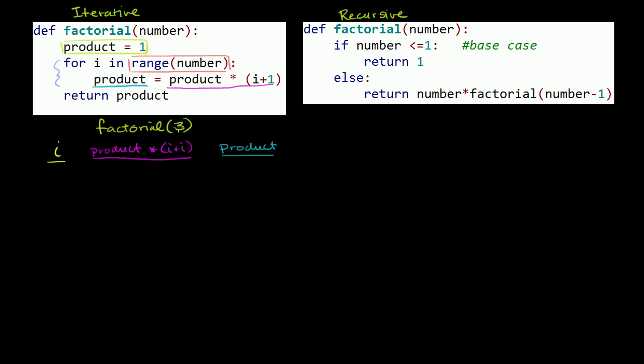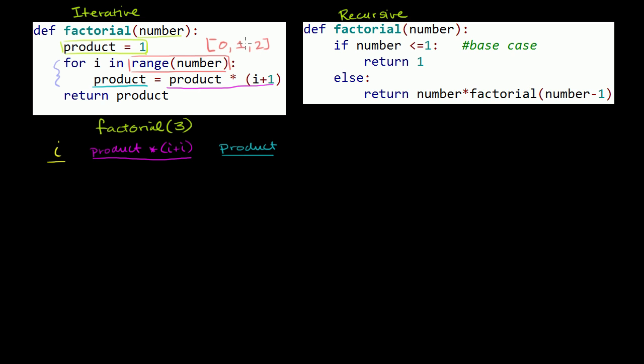So the argument that we pass to factorial is 3. So the variable number will refer to 3. When you call range of number, it will literally return a list 0, 1, 2. So 3 elements starting at 0. The last element is 3 minus 1.